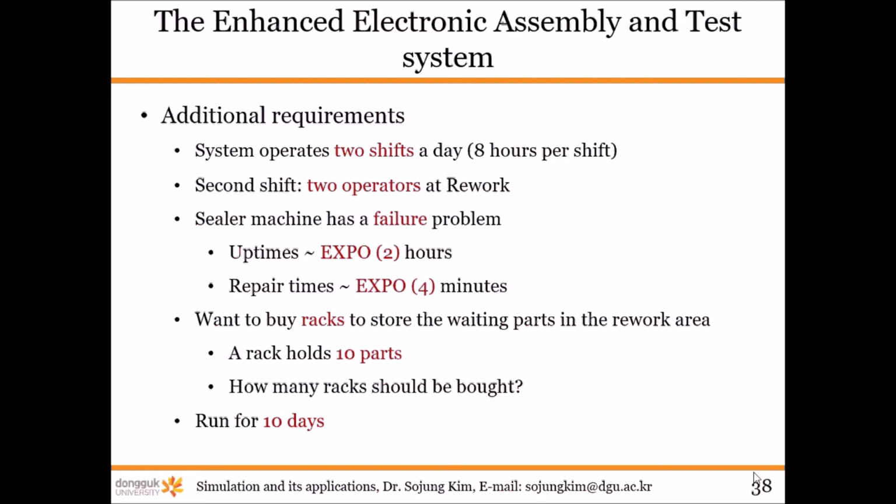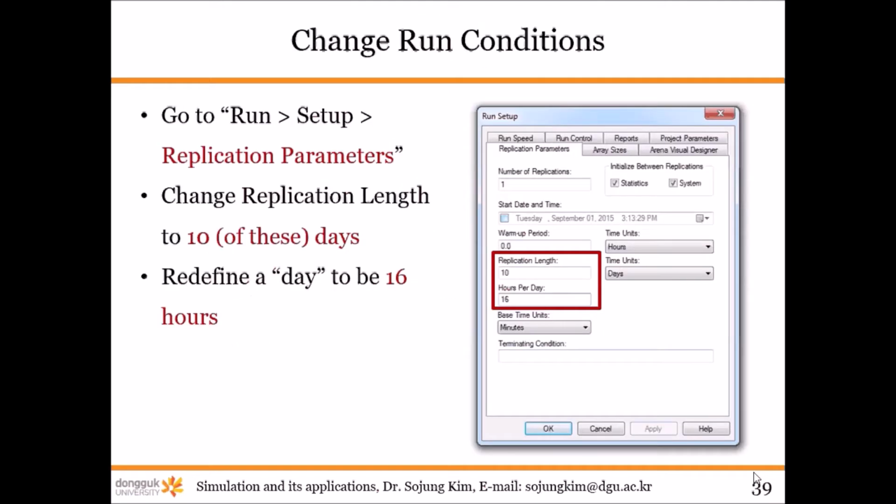In order to consider all these new requirements, you have to update the model for dash one. That's why, if you don't have it, you should develop the model for dash one first. Then let's complete the easiest part first and go to the run setup. You need to change the application parameter, because you need to run the simulation for 10 days, not 32 hours.